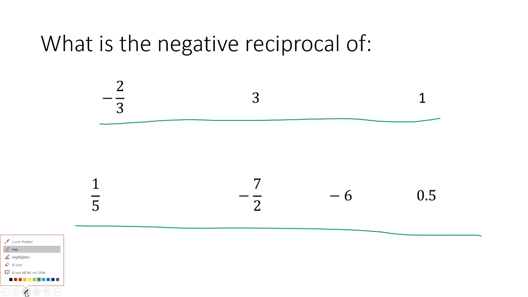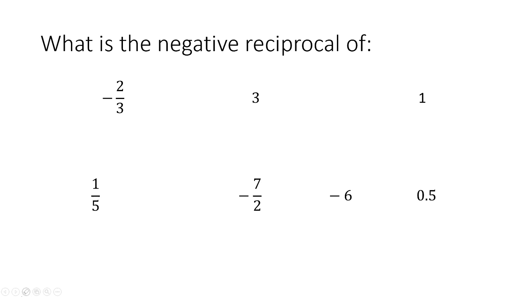Alright, so negative 2 over 3: flop the numerator and denominator, and it turns into negative 3 over 2. Then from there make it negative, and negative and negative make a positive. So it turns into 3 over 2.